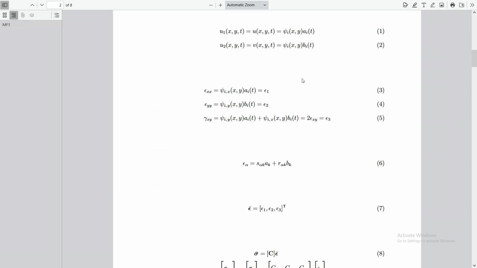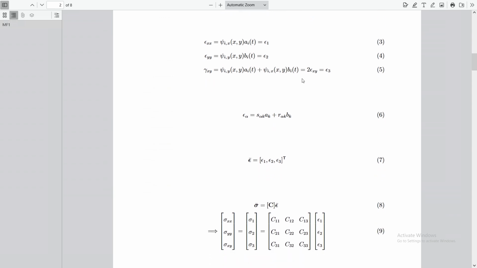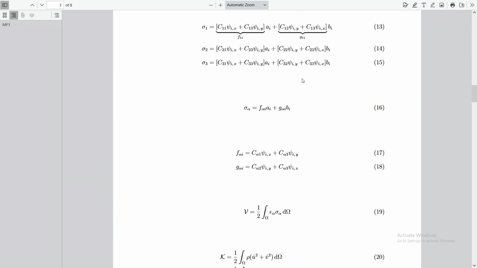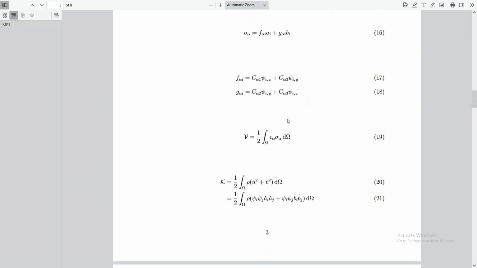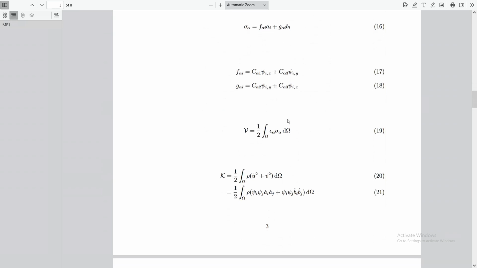Psi are the prescribed functions that must satisfy the essential boundary conditions, and the A_i's and B_i's are the unknown time-dependent variables that we need to solve for. This is pretty straightforward, but I've just written it down so that I can write it in MATLAB.